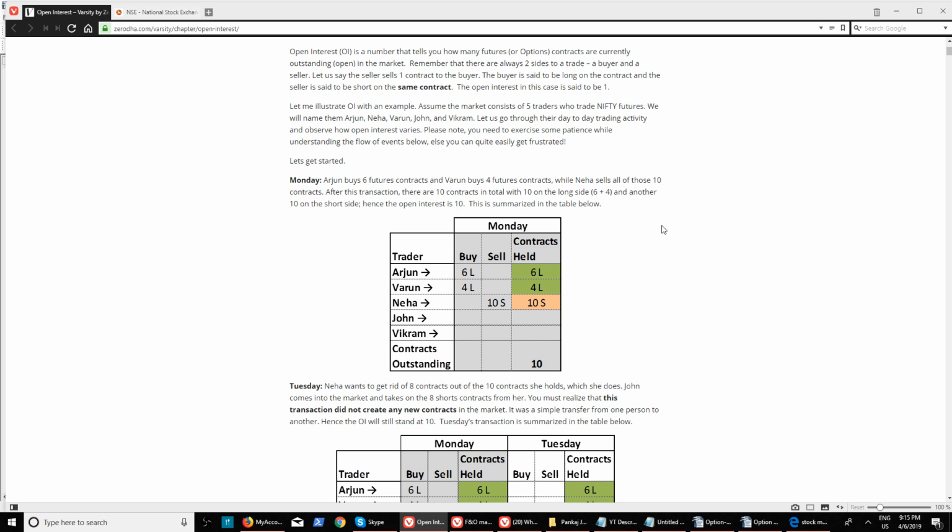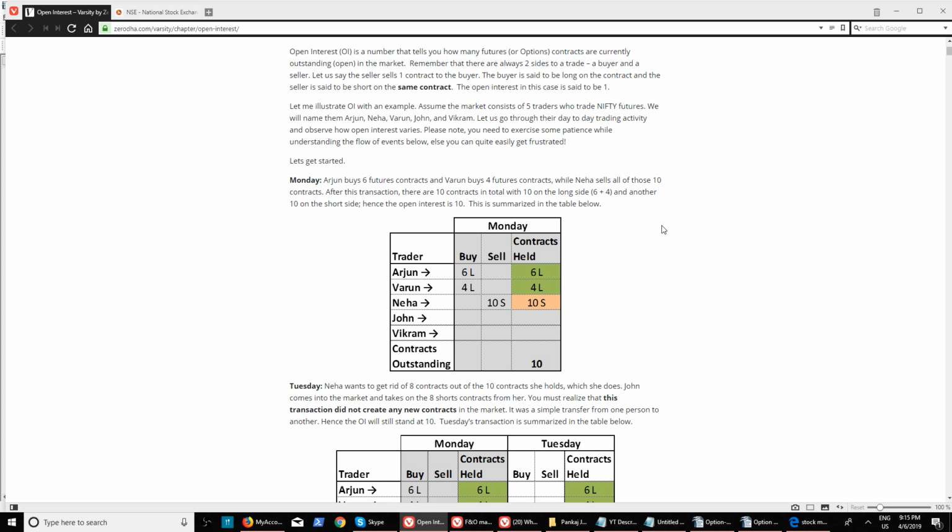So there are 2 buyers with 10 quantity in total, and one seller who is selling everything. Once the buying and selling is complete, we have 10 contracts in total, which is nothing but 10 open interest. So open interest is 10.